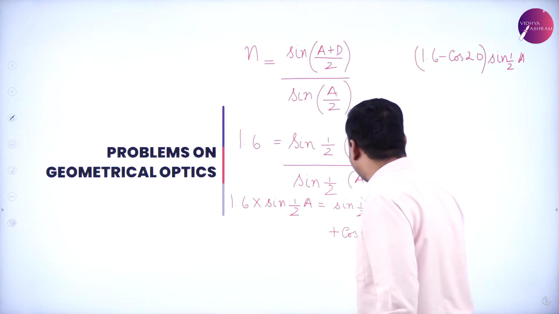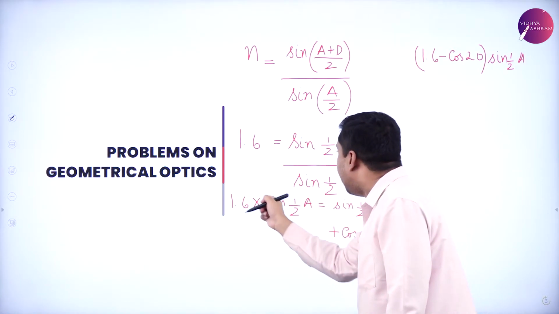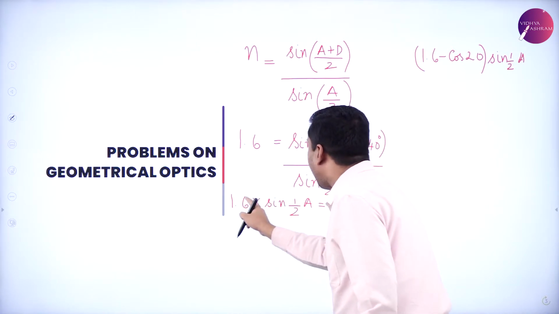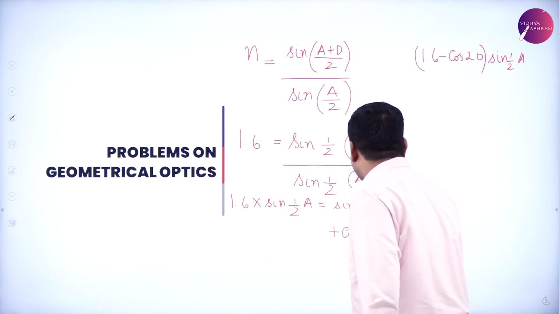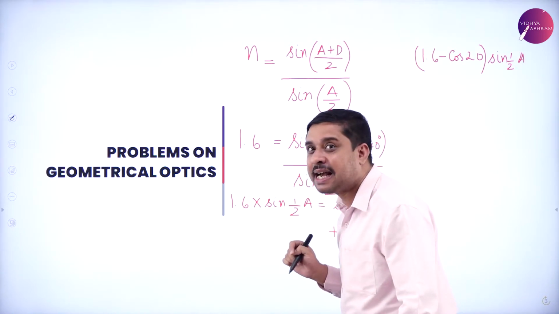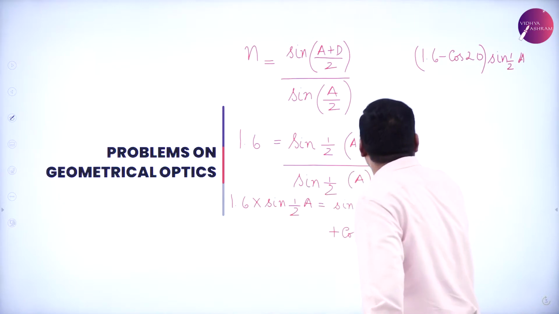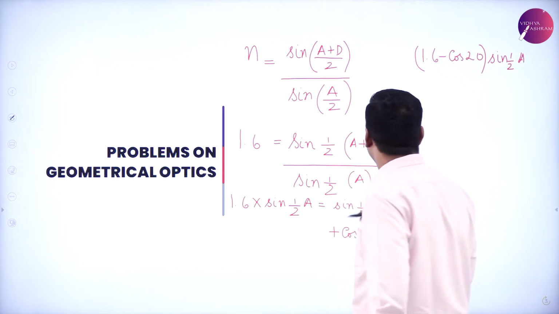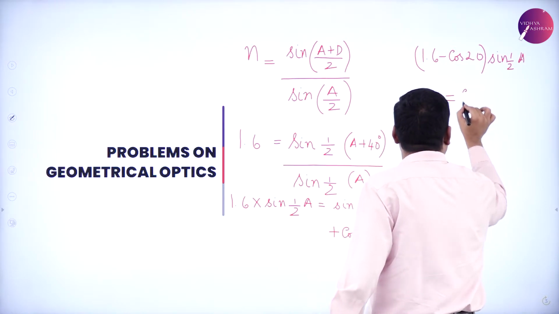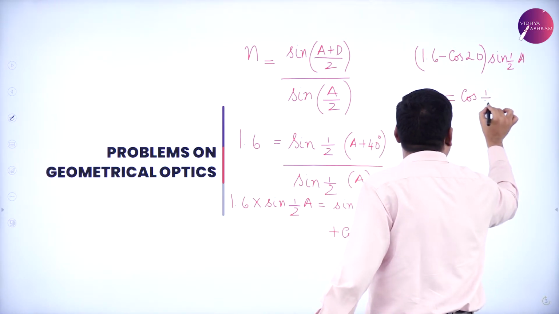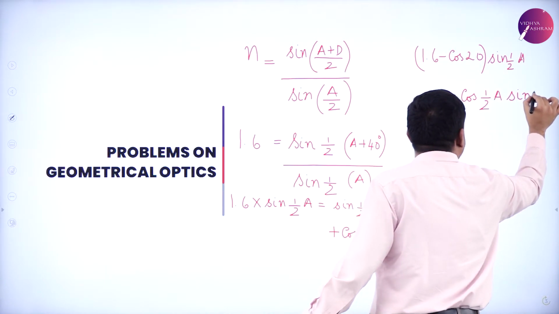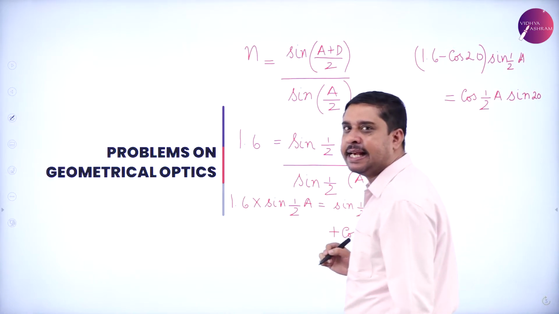If you are observing the first term, I pull towards the left hand side: 1.6 minus cos 20, because when it comes to this side it becomes minus, right? sin half A is common, so this is equal to cos half A into sin 20 degrees.